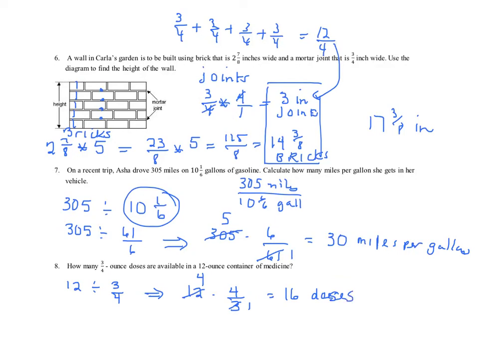Good? Yay, 16 doses. And we expect it to be more than 12. It's a 12-ounce bottle, but because I'm not using a whole ounce each time, I'm going to get more doses out of it.